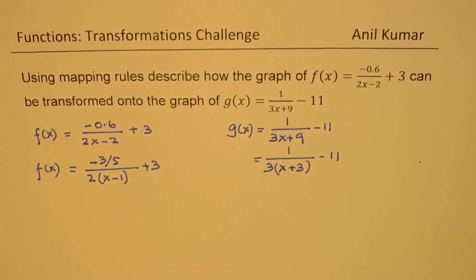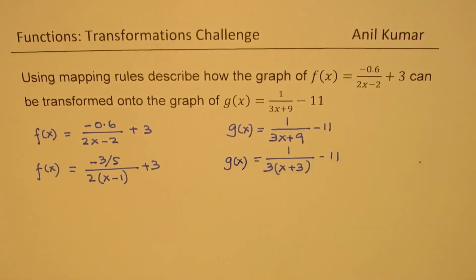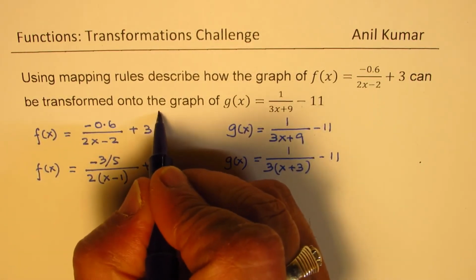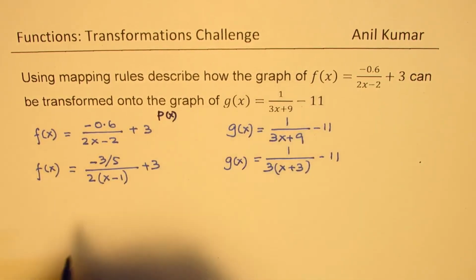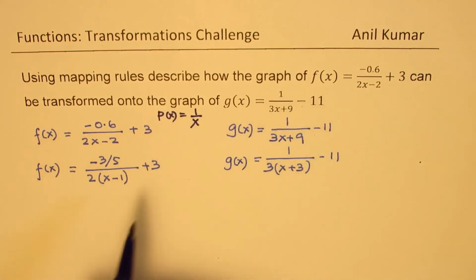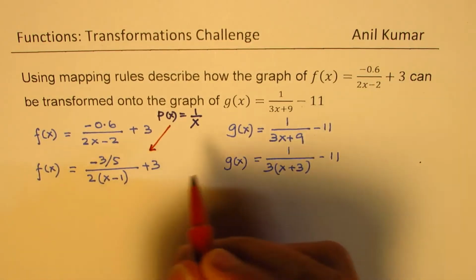Now we need to see how they are related, or how f of x gets transformed to g of x. As you can see, both of them are transformed from the parent function. Let's call that parent function p of x equal to 1 over x. So the transformation is basically from this function. Is that clear to you?